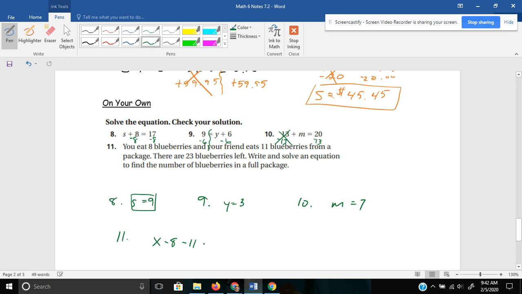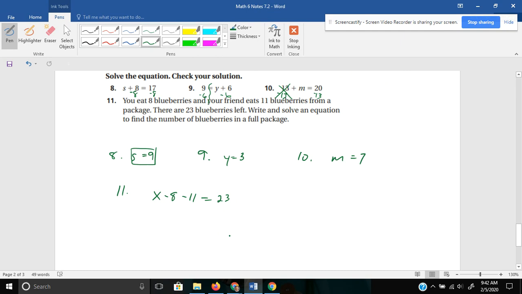And that should equal how many blueberries are left, which is 23. So solving that, you need to add 11 and add 8 to both sides. That would cancel this. And 23 plus 11 plus 8 would give you a total of 42 blueberries to start in a full package.